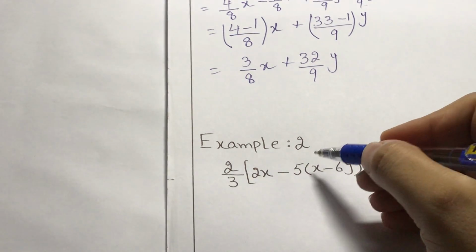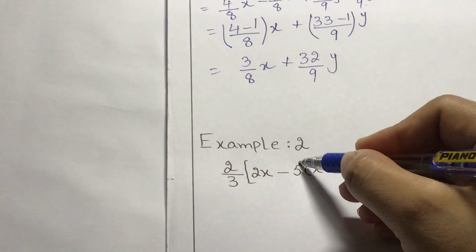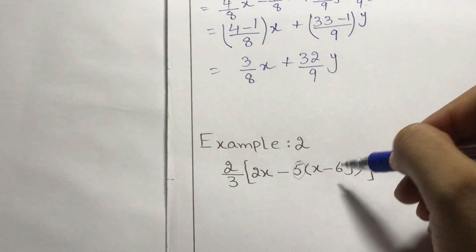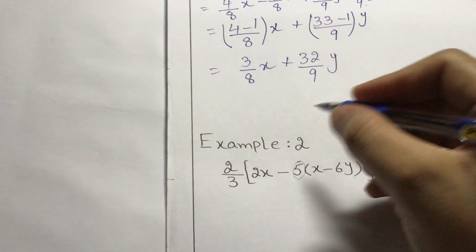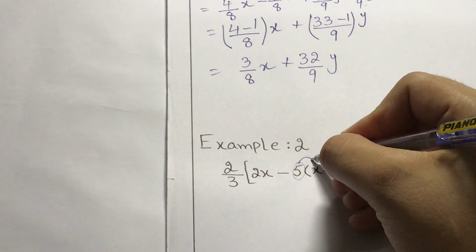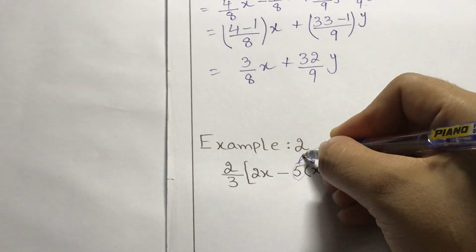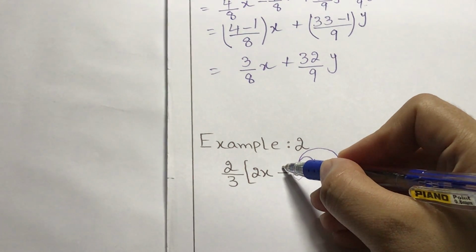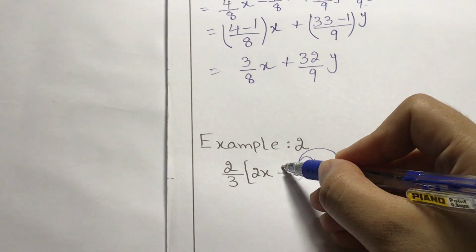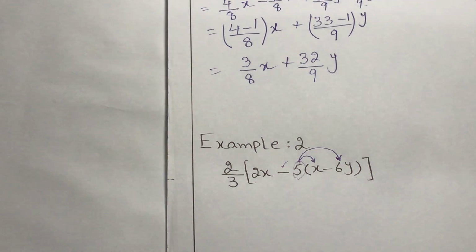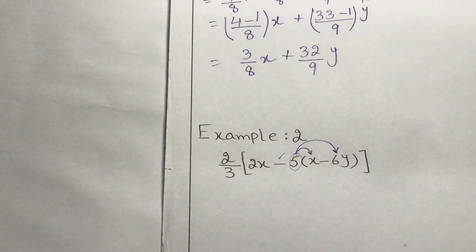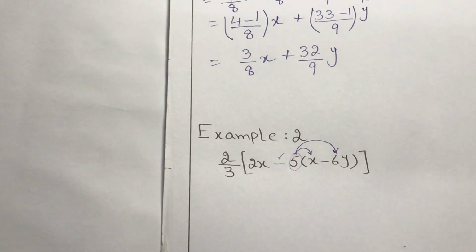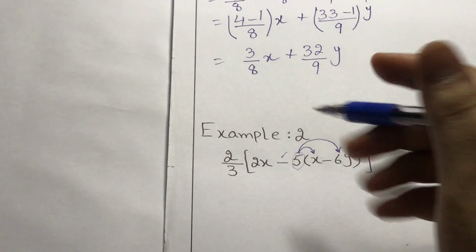So here you can see there is a multiplier outside of this bracket, and when you expand this bracket, you have to multiply this 5 with both the terms inside the bracket. And one more thing, you need to keep in mind that there is a negative sign outside of the bracket, and when your multiplier is negative, it will change the signs inside the bracket, right?